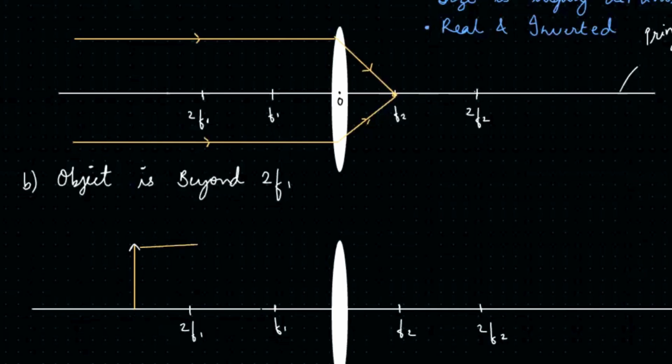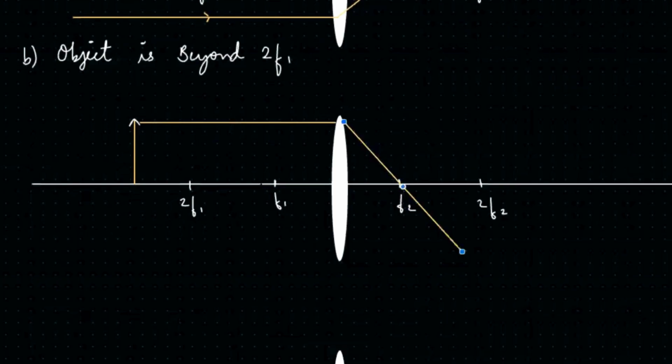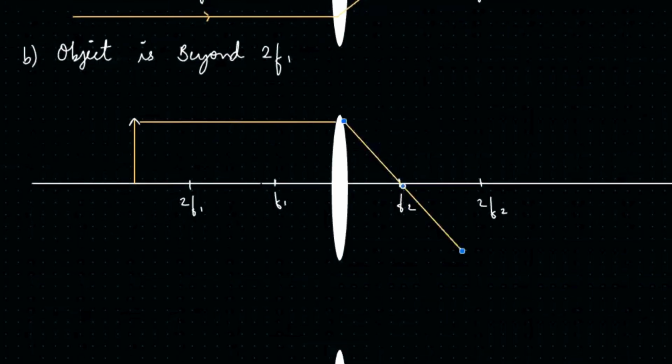Now we know the rule. When the ray is parallel to the principal axis, it passes through focus. Now we take the second ray which passes through the focus.